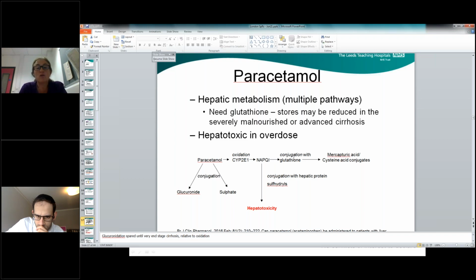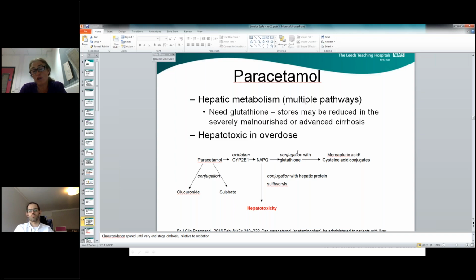The problem happens when we've run out of glutathione, and that either happens in somebody who's had a paracetamol overdose, so they've used up all their glutathione, or somebody who is severely malnourished, and I've certainly seen paracetamol toxicity in children who are anorexic or cachectic or on enteral feeds but poorly nourished.